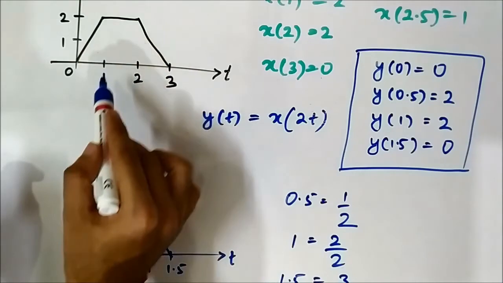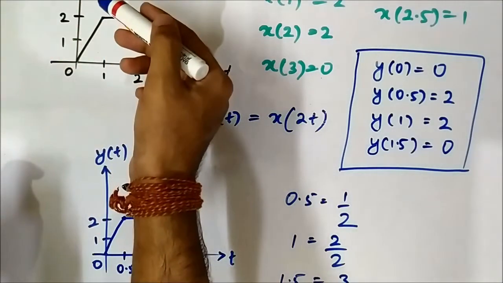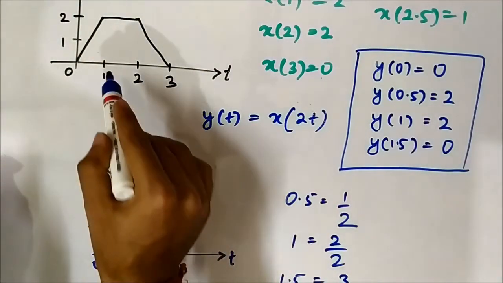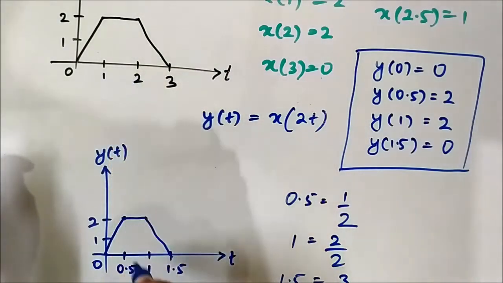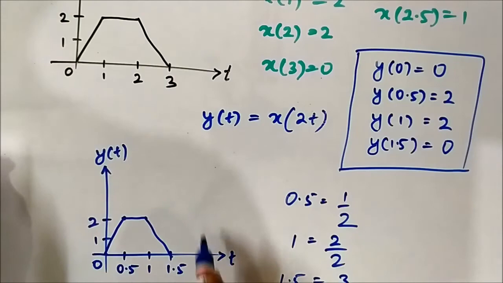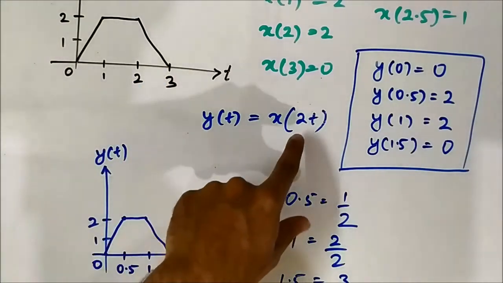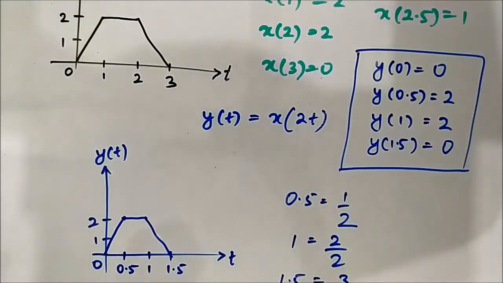Only the amplitude which was there at the time instance in the reference signal, the same amplitude exists at half values of those time instants. 1, which is 0.5, 2, here it is 1, 3, here it is 3 by 2, 1.5. So notice this pattern which is emerging here. This is for x(2t). Now we will discuss x(t/2). Okay, so let us do that.